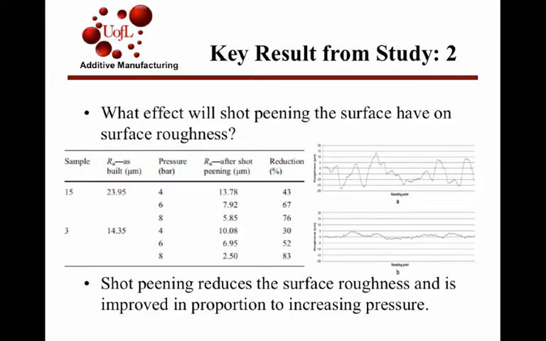For 2 different samples here, you'll see that the reduction percentage increases as the pressure is increasing for both, up to an 83% reduction for the 8 bar on sample 3. And then over here on the right, that's, as I was mentioning earlier, the roughness plot that they achieved, before and after shot peening in the A and B positions there.